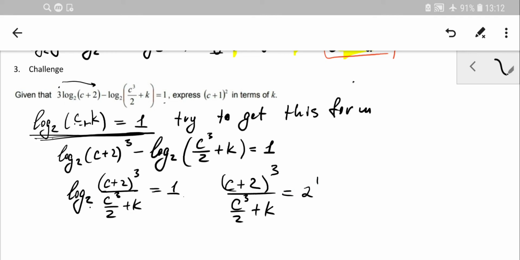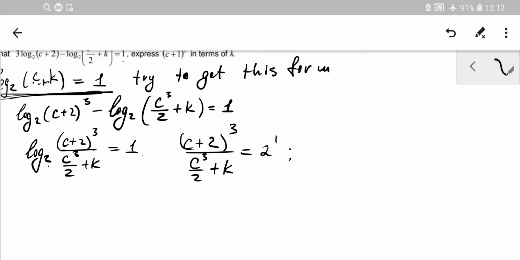Now we simply need to use the property for fractions: 2 to the power 1 is 2, and then we make a crisscross, so c cubed over 2 plus k goes up. That's a bit more complicated, but anyway, we can do that.